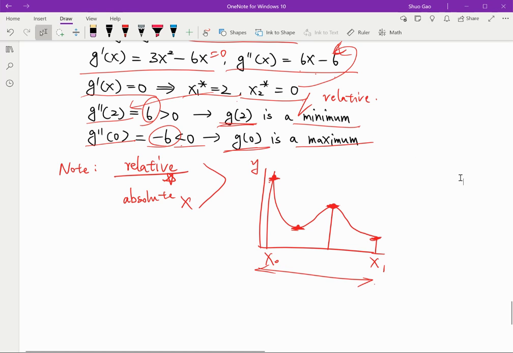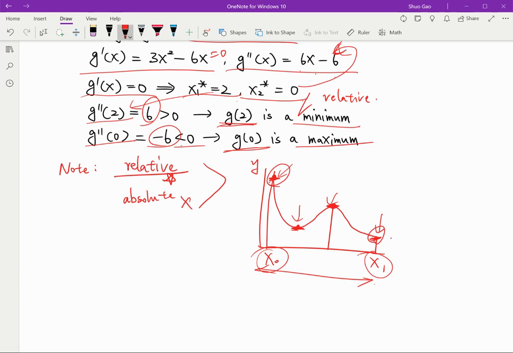So if a question asks you to find the absolute maximum along the domain from, for example, x0 to x1, we have to find the stationary points first. Then you determine whether each stationary point is a relative maximum or relative minimum by whatever test you take, the first derivative or second derivative test. And then you need to find the value of the function at the two endpoints. Don't forget the two endpoints.